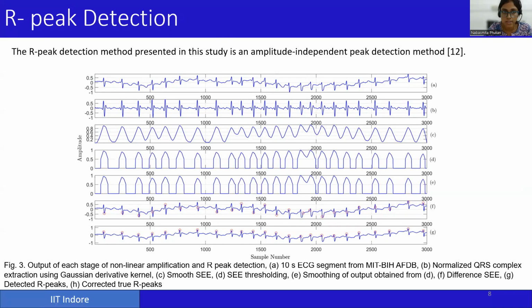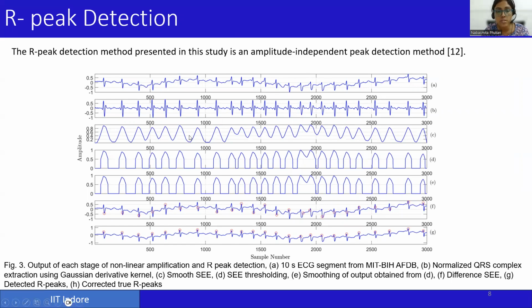The next figure gives us a rough estimate of the different steps involved in the RPIC detection method. As you can see, the first figure is a 10-second ECG segment from the MIT-BIH atrial fibrillation database, which has been used in the training of all 5 models. Then the second diagram gives us the normalized QRS complex extracted from the previous signal, using the Gaussian derivative kernel.